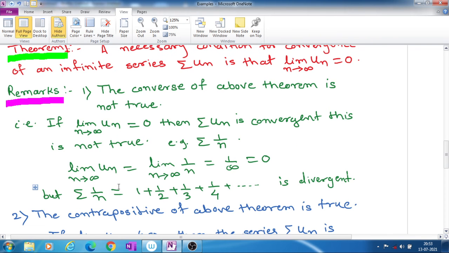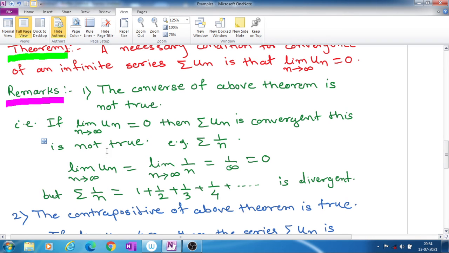Now you see the remark here: the converse of the above theorem is not true.